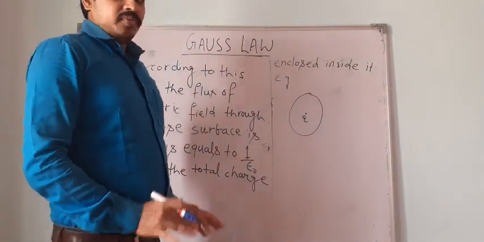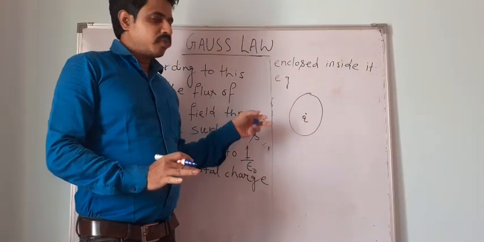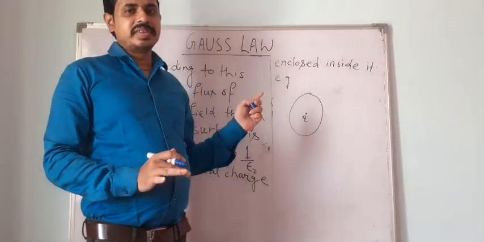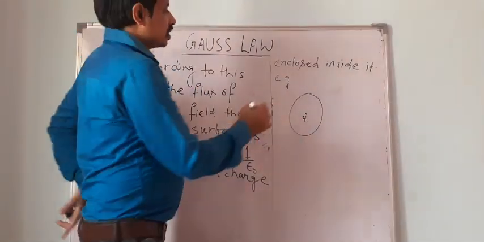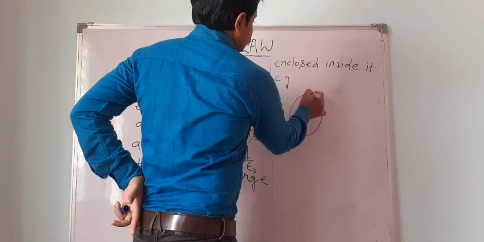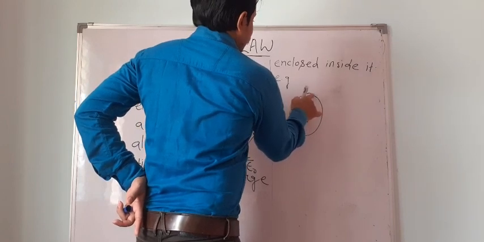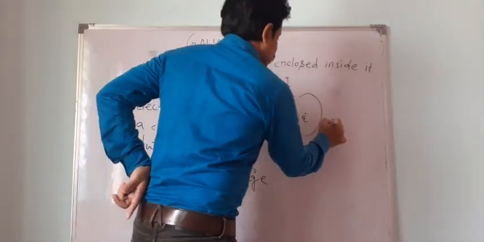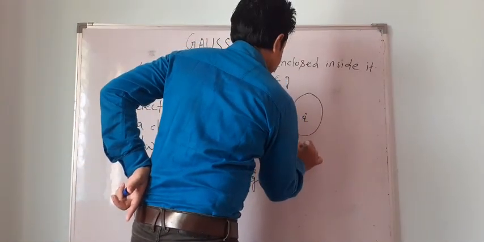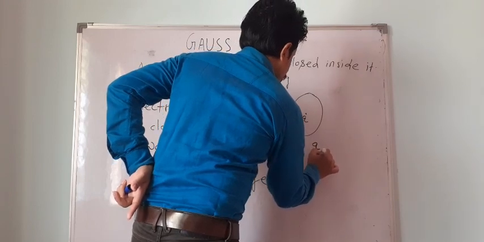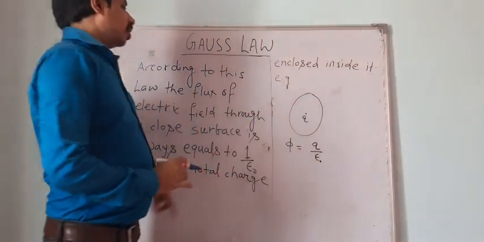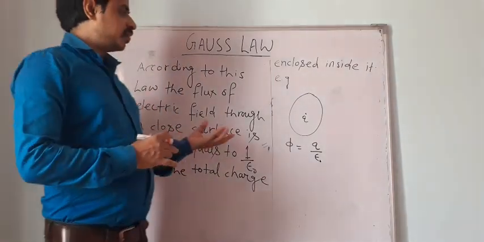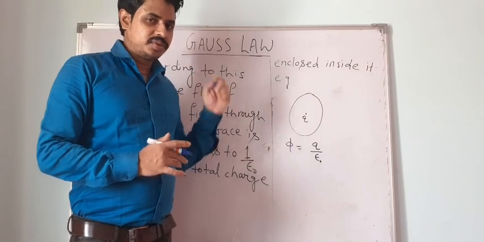But this time we need not be bothered about finding E dot dA and performing the integral over all surface. Once the surface is closed, we can apply the Gauss law and directly write that the flux through it must be equals to q by epsilon naught. Just directly from the Gauss law. So it is a very easier method to find the flux if the surface is closed.